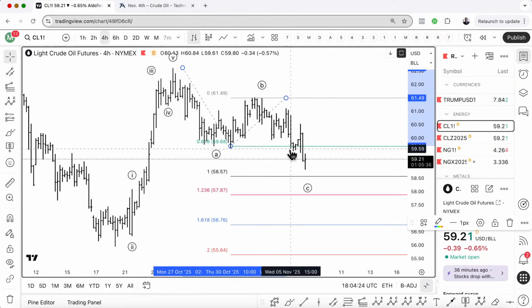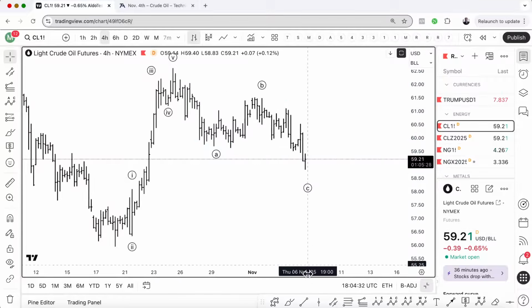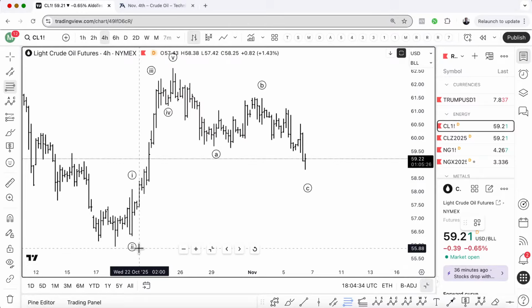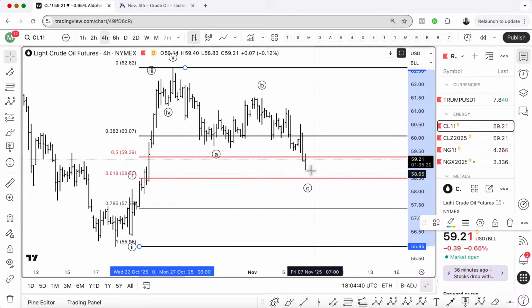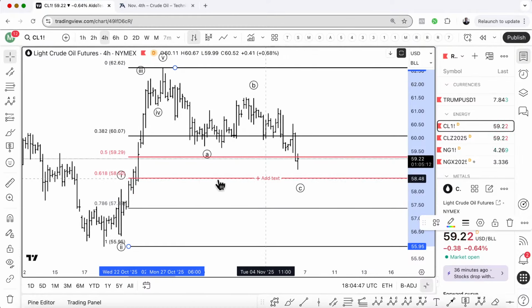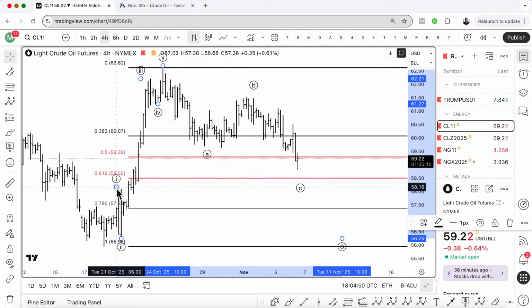But there are other measurements that are important to consider. Remember that number, 58.57. Okay, so how about the 50 to 62%, right? So we have here, and well, 50% has already been achieved. The 62% is at 58.50. Okay, so 58.50 appears to be a good level also, but this is already in the area.